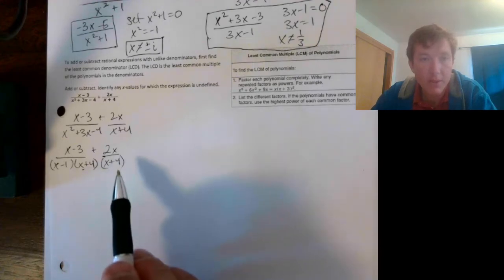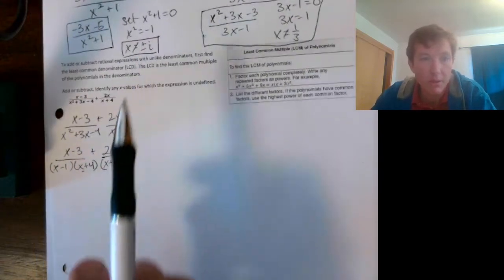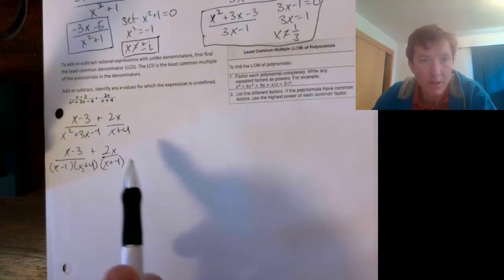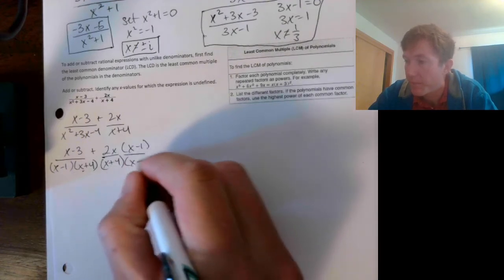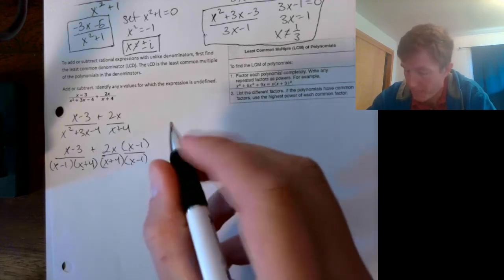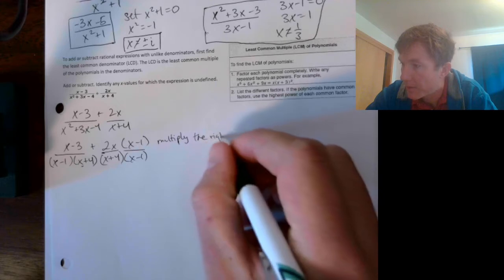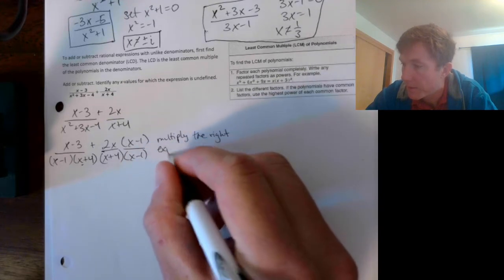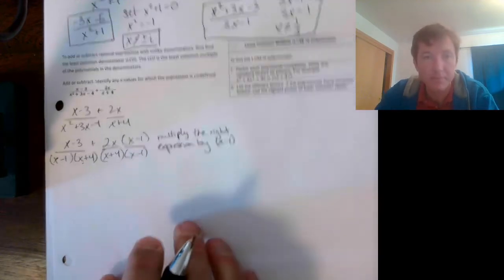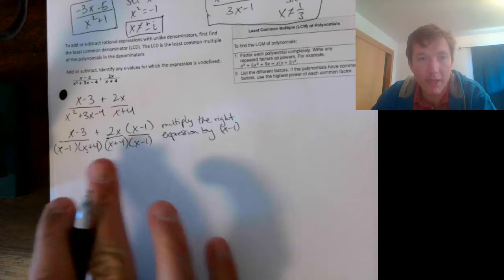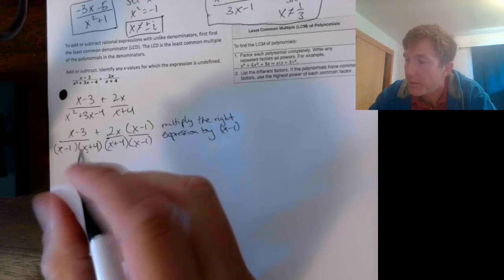So to make these have the same base, just like how they were up here, what I'll do is multiply the right expression by x minus 1 on the top and bottom. Now we have the same factors in the base. We have x minus 1 and x plus 4. So I can now combine these.